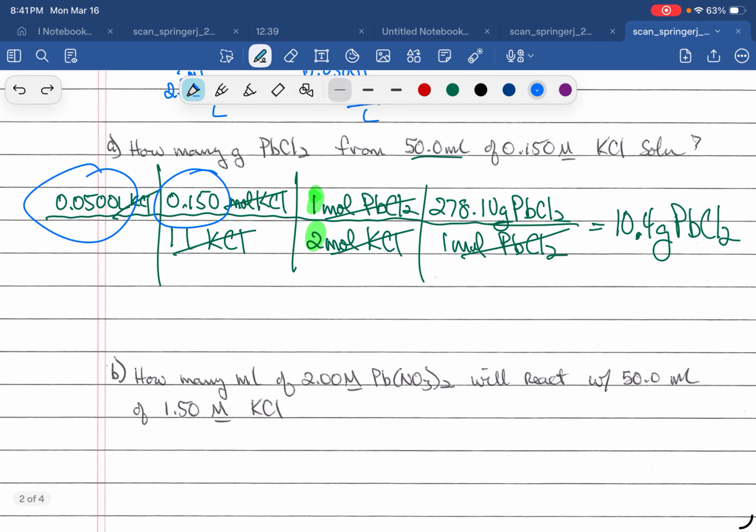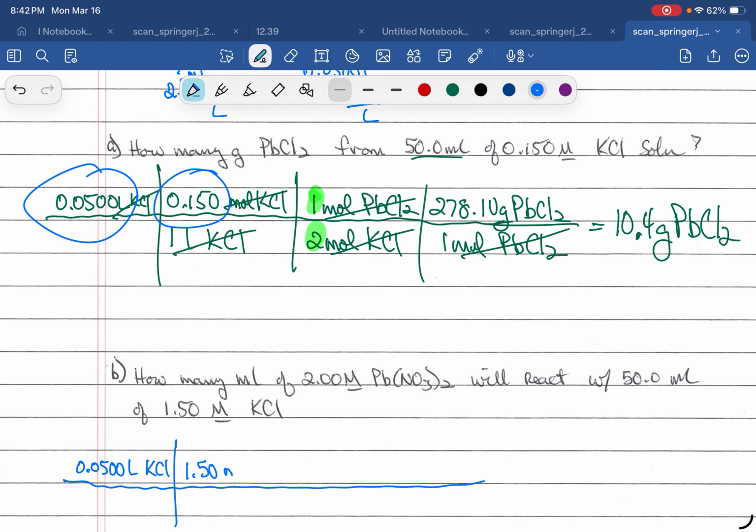So we'll go right there to that 0.0500 liters of KCl. 0.05 liters of KCl, 1.50 moles KCl per 1 liter of KCl.